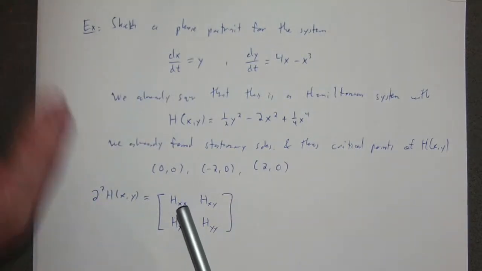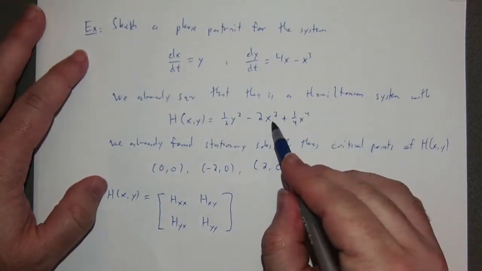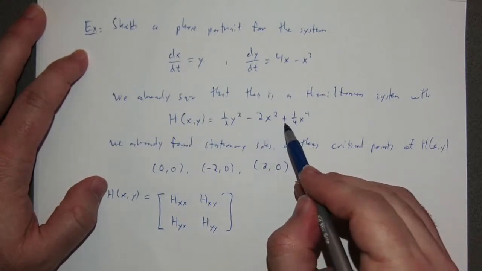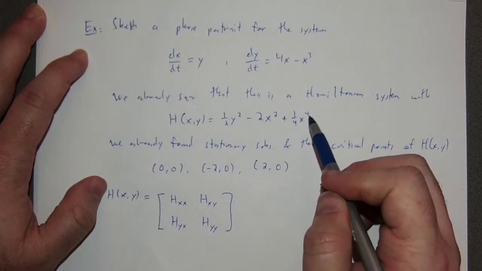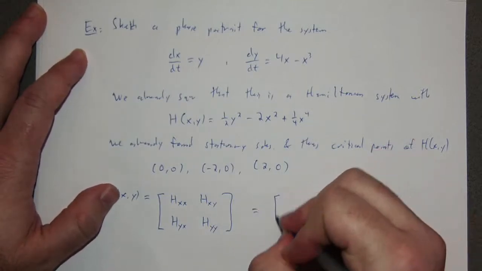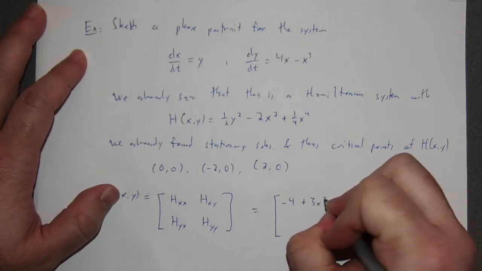So the xx partial of h, what is this? Here I'm going to get minus 4 plus 3x squared.